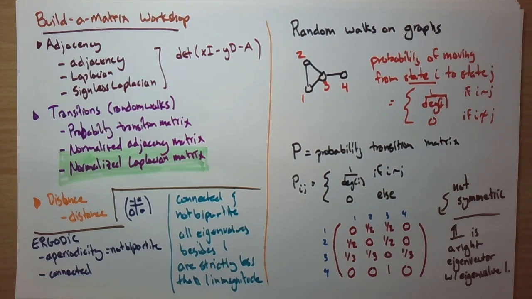And so one of the ways we'll get there is to understand how we can think about this. If one were to take a look at the probability transition matrix and squint their eyes so hard that all they could see is where the zeros are and where the non-zeros are, it would look like what? It just looks like an adjacency. Yeah, it looks an awful lot like an adjacency.